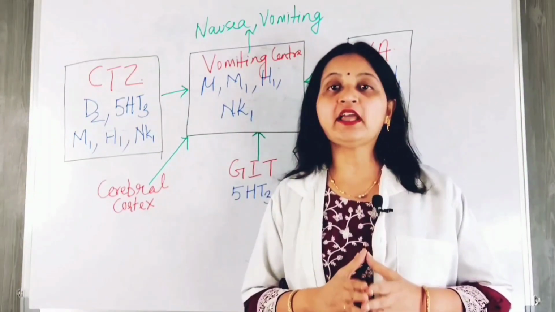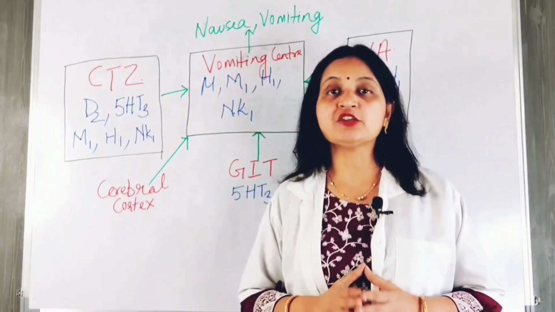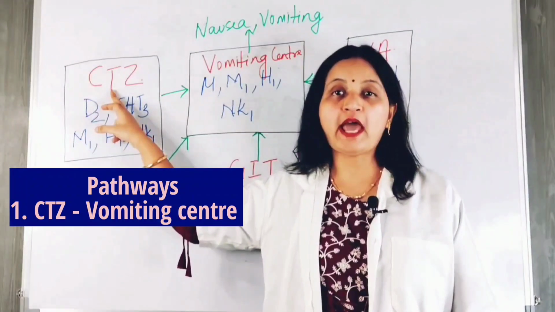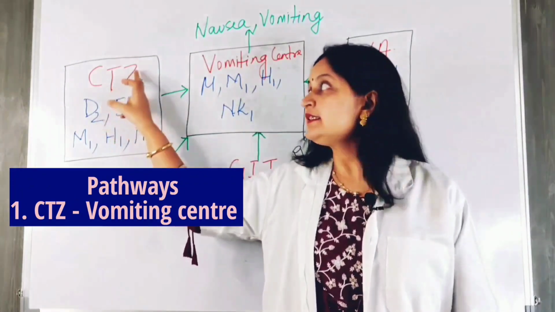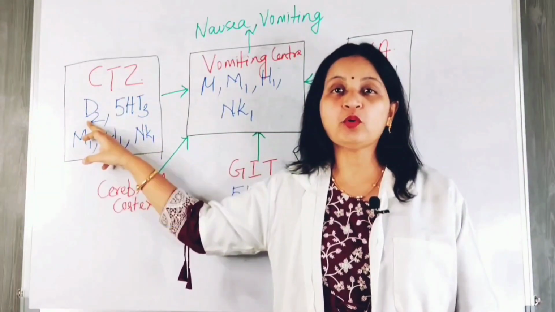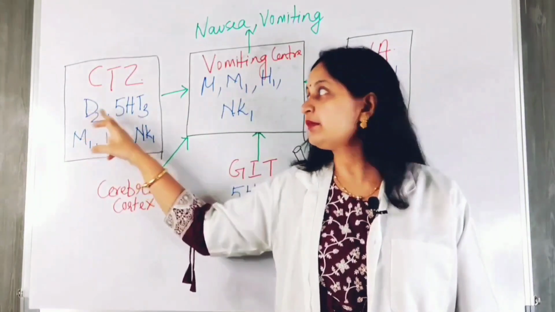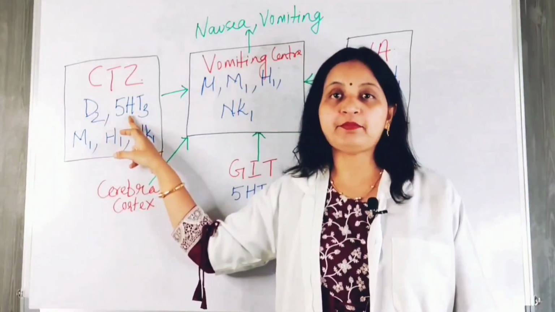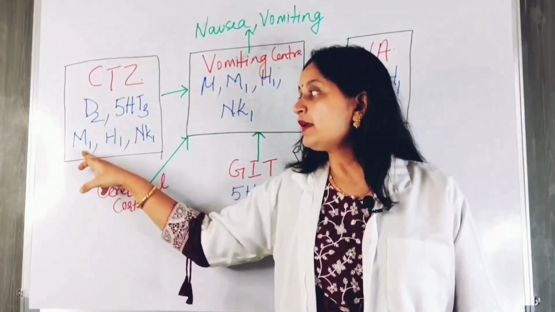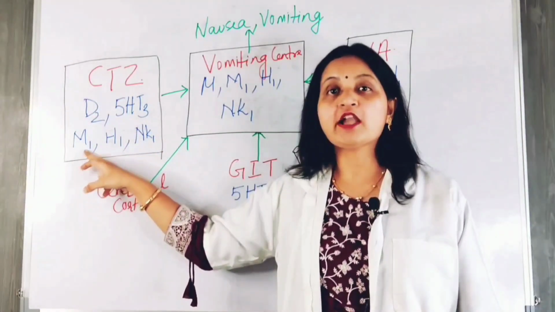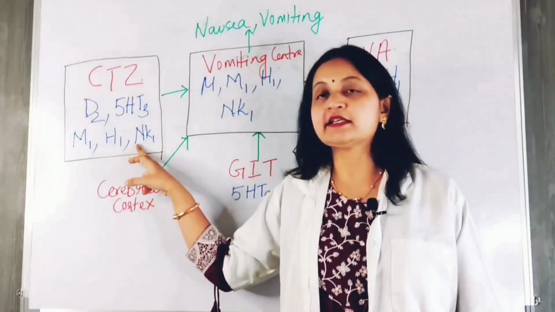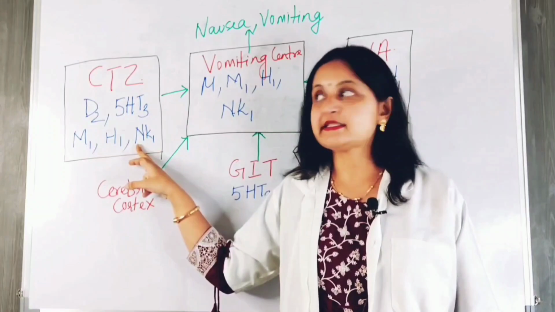The major afferent input to the vomiting center is routed through the chemoreceptor trigger zone, which is also known as the CTZ. The CTZ is rich in dopamine receptor, that is D2 receptor, and serotonin receptor, that is 5-HT3 receptor. In addition, the CTZ also expresses muscarinic receptor M1, histamine receptor H1, and neurokinin 1 receptor.